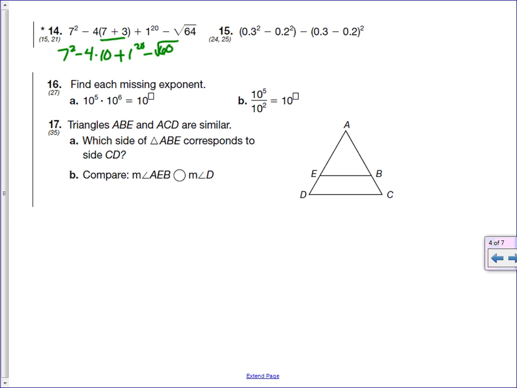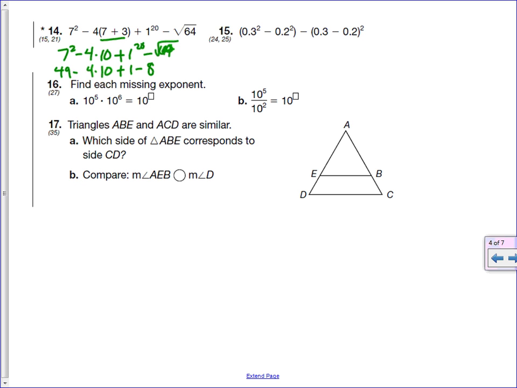The next one is exponents, and that includes roots. So I would do 7 squared is 49 minus 4 times 10 plus 1 to any power is still 1, because it doesn't matter how many times you multiply 1 by itself, you still get 1. And then minus the square root of 64, which is 8.